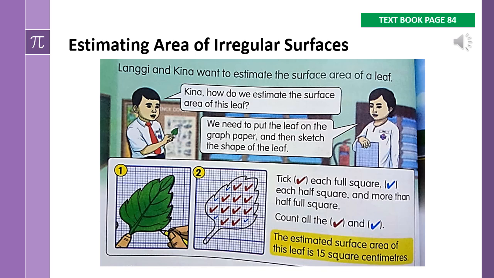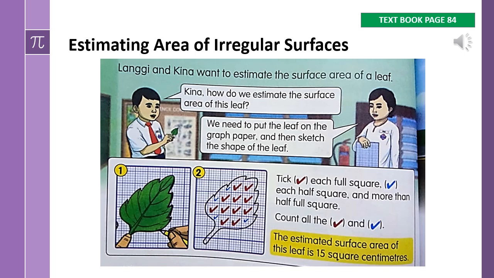We need to put the leaf on the graph paper and then sketch the shape of the leaf. So the same like the slide before, they trace the leaf on a graph paper, and then they count the area by ticking on these boxes that are full or half full.